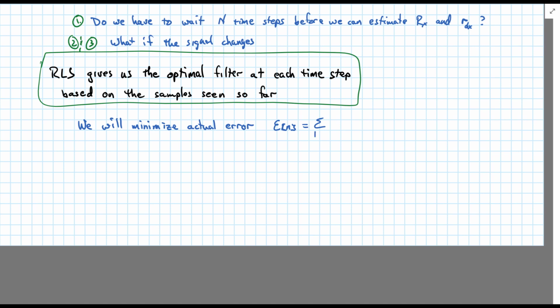So this is going to be the sum from i equals 0 to n of e squared i. We're actually going to modify this in a bit to make things a little bit more responsive as the signal characteristics change.